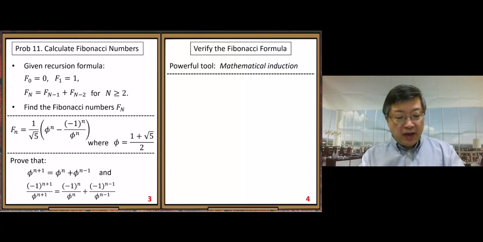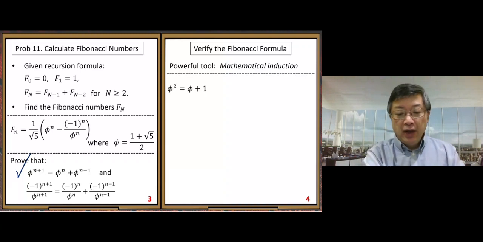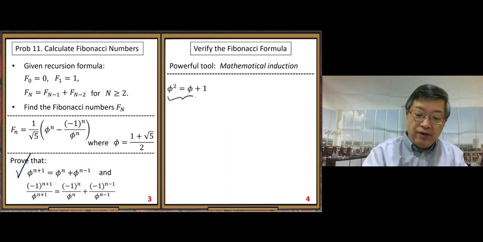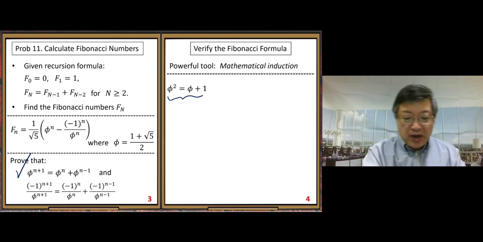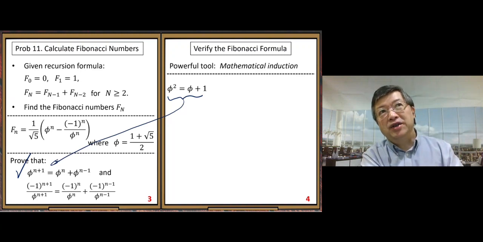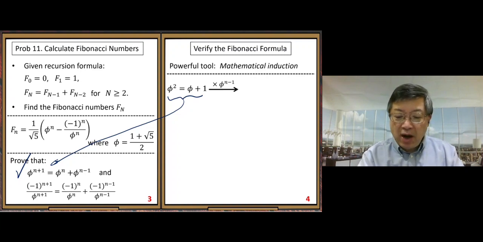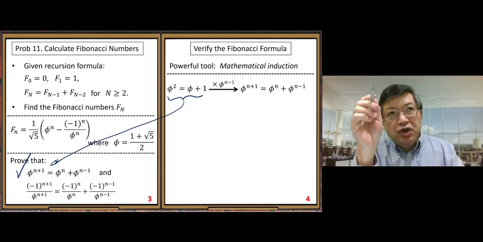First, let's prove the relatively easier formula. Monomial structure, much easier to handle, right? We start with the property of the golden ratio. So we need to work on this property directly, because if your eyes are very sharp, you can connect immediately: if we multiply both sides by phi to the n minus 1, we get our destination formula.